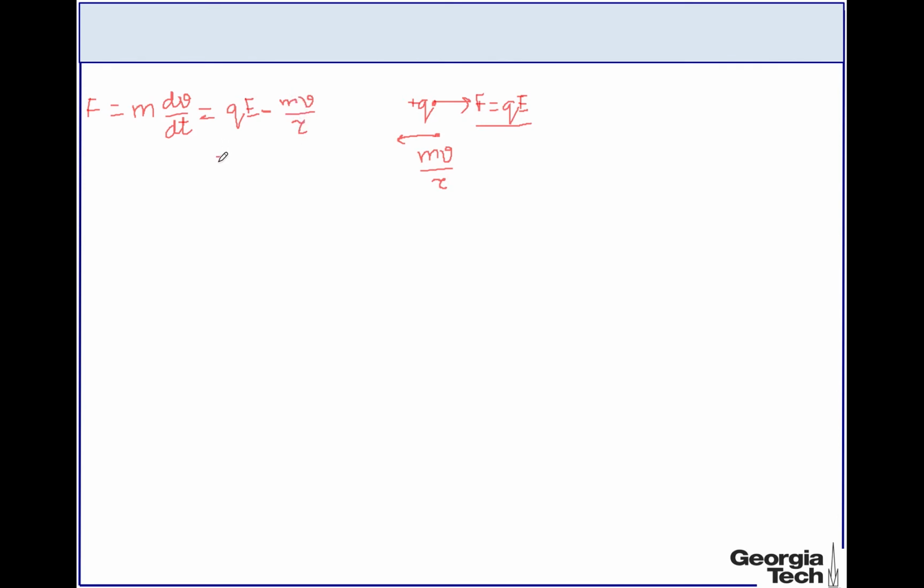And in equilibrium, the total amount of force is 0, or dv/dt, the change in velocity with time, is 0. So if we equate this equation to 0, then we get velocity v equals q tau by m multiplied with E, and this q tau by m is the mobility. So we have found an equation of mobility, which is q tau by m.